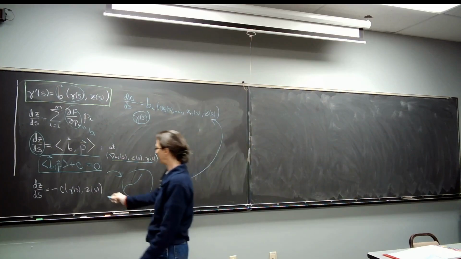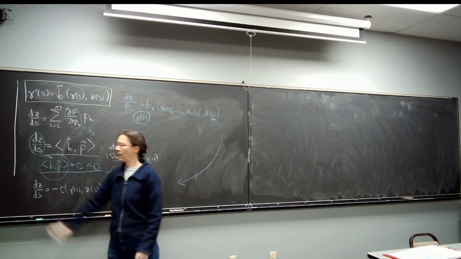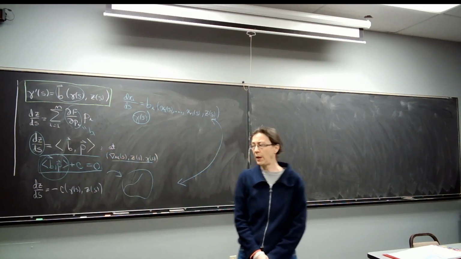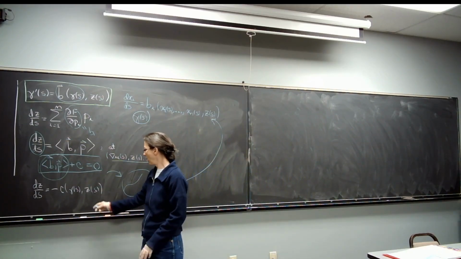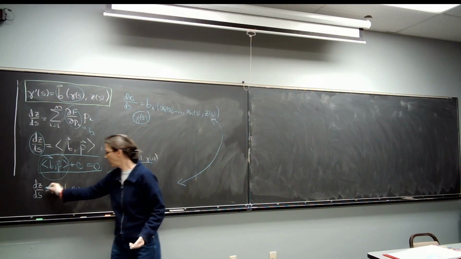And so this inner product of b with p is equal to minus c. Again, how's that a function of s?